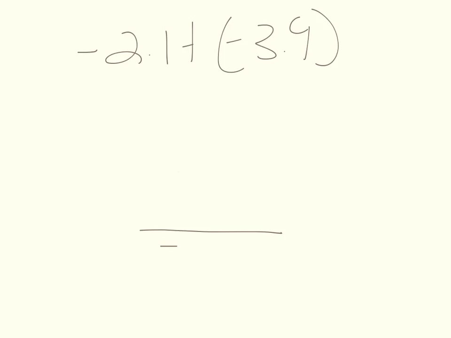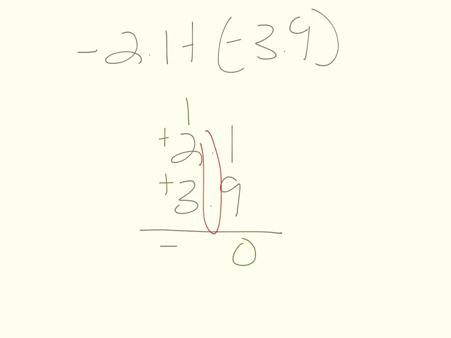Now we would just add 2.1 and 3.9 by lining up our decimals and then adding down. 1 plus 9, of course, would equal 10. Drop the 0, carry the 1. 1 plus 2 plus 3 would equal 6. Our answer ending up being a -6.